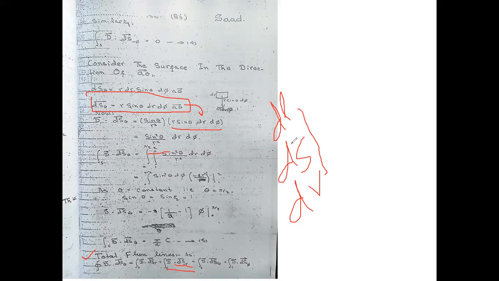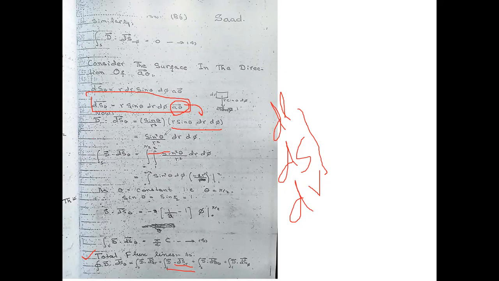Each portion dS in the direction of x, in the direction of y, and similarly in the direction of a_theta. So dS in the direction of a_theta is r sine theta dr d phi.